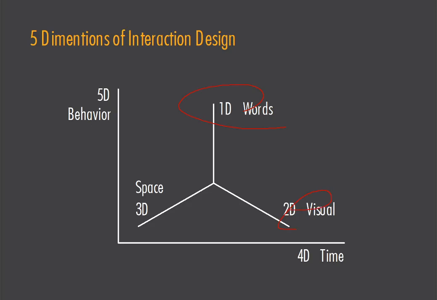Those are illustrations, images, photos, colored backgrounds. Okay, third is space, meaning real life physical objects and devices people use, like your touch screen or mouse or your finger. The fourth dimension is time, and the fifth is behavior. Let's go to the next page for more explanation.